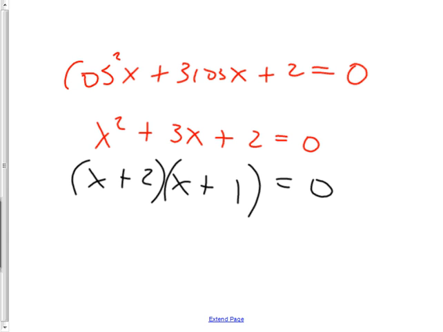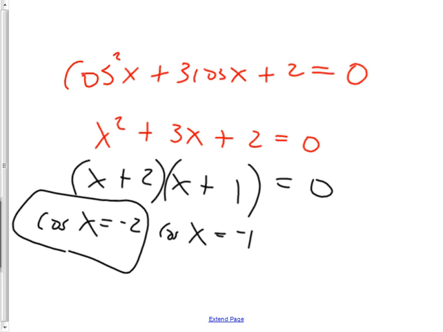Do you agree? So then, is the answer to this one -2 and the answer to this one -1? Agreed? And then I got to put in cosine. And then, wait a minute, how do I do that? I don't, because what's the lowest cosine can ever go? -1, it can't go to -2.